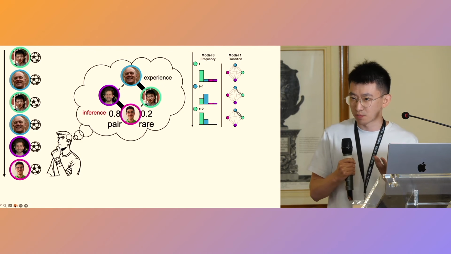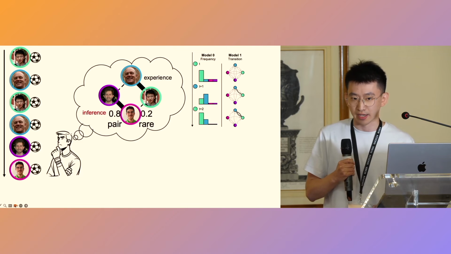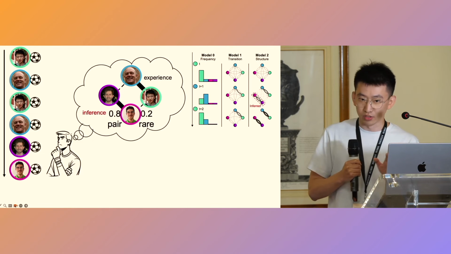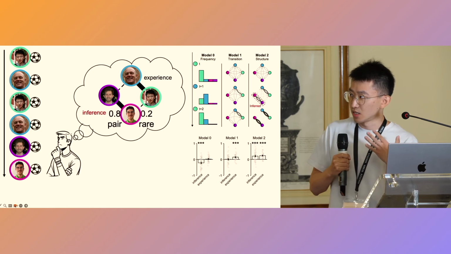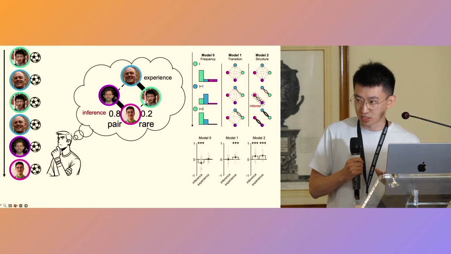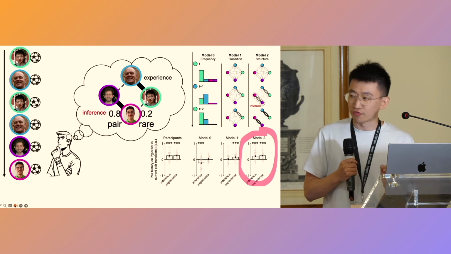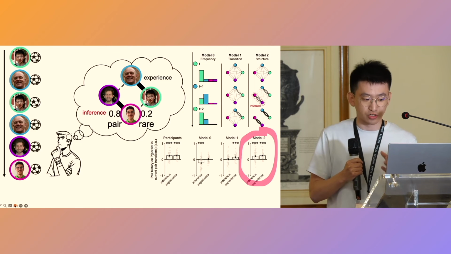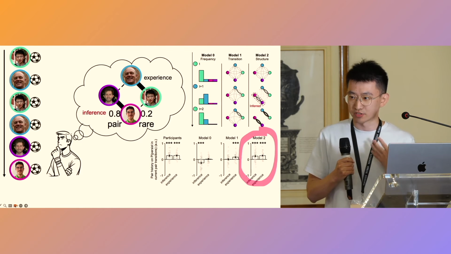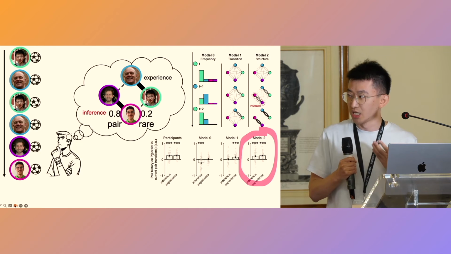If you have never experienced that, they don't know this transition can happen. But the clever model, they really know it. They use both experience and structure-based inference to guide their decisions. And we find human participants are more like model 2. They are very clever. This is such good news that people are very clever. They use structure knowledge, in an abstract way, to guide their decisions to be more flexible.